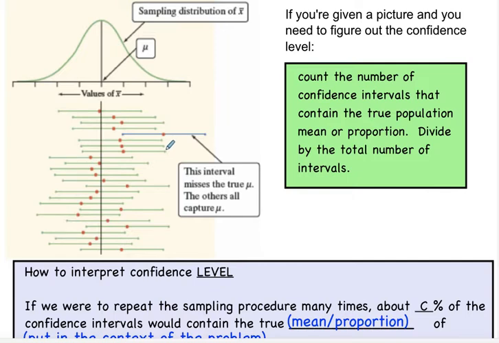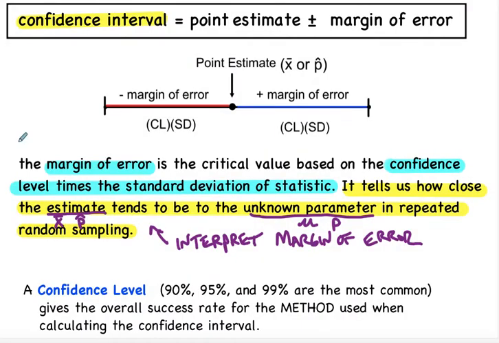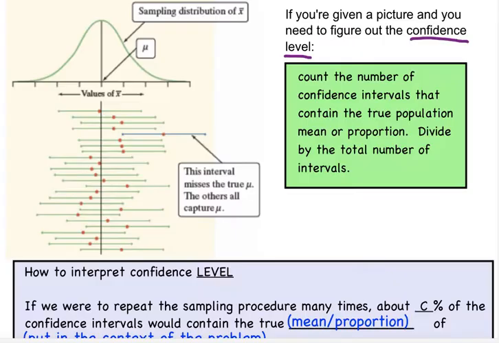Okay, so you're going to have in the homework where you need to figure out the confidence level. So again, remember the confidence level is probably going to be like 90, 95, or 99, but it could really be any percentage. So the way that you figure it out is in the green box here. You count the number of confidence intervals that contain the true population mean or proportion, and then divide by the total number of intervals. So how many intervals are there here?